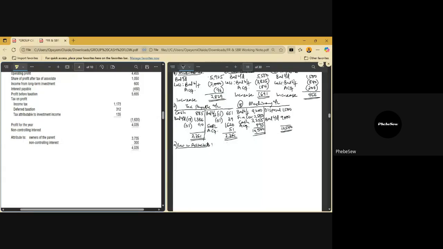So what do we have in investments in associates?